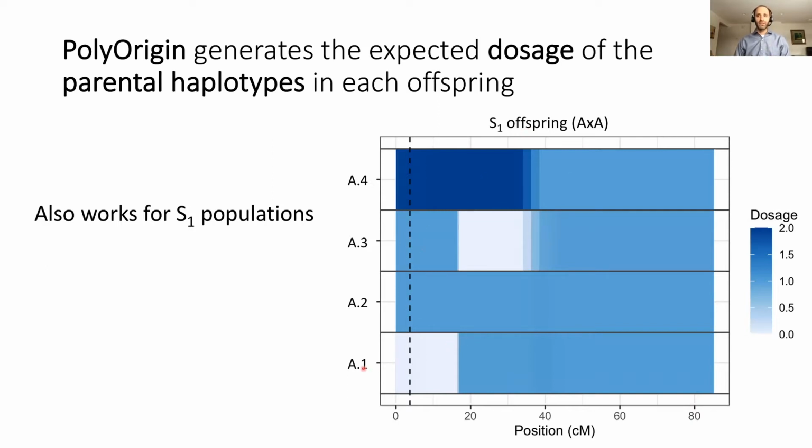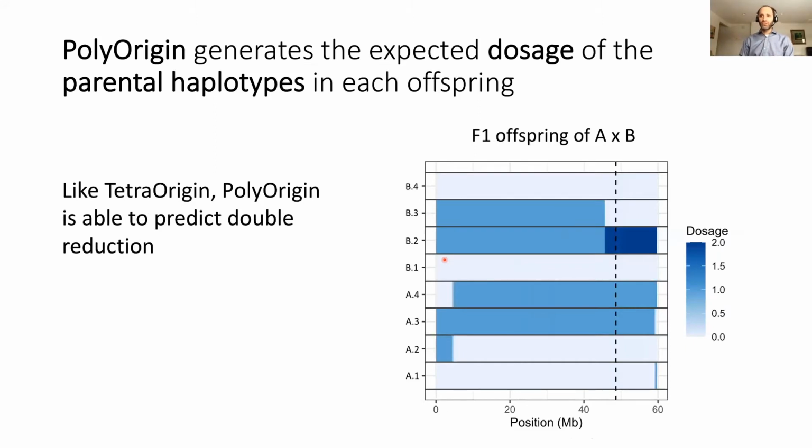And so in this case, both of the gametes came from parent A. And when you start to look at S1 offspring, you'll see that you have dosages that exceed 1. So now the light blue means there's a single copy of that haplotype, and the dark blue means that there are 2 copies of that haplotype. And again, you can look at where the haplotype switches occurred, and you can infer something about which homologous chromosomes were paired and where recombination occurred in the meiosis that produced this individual.